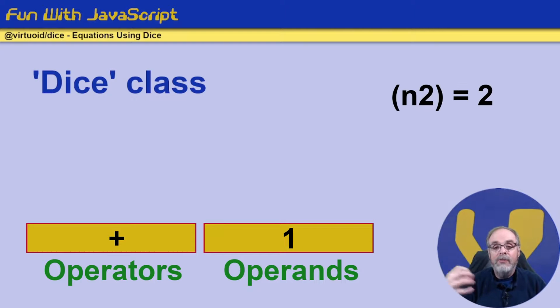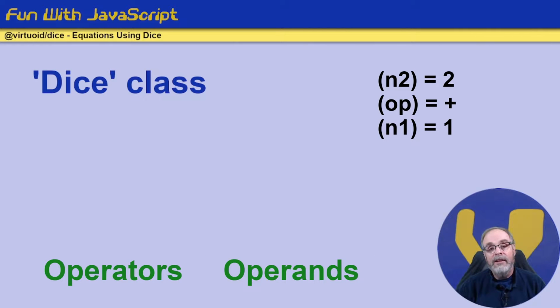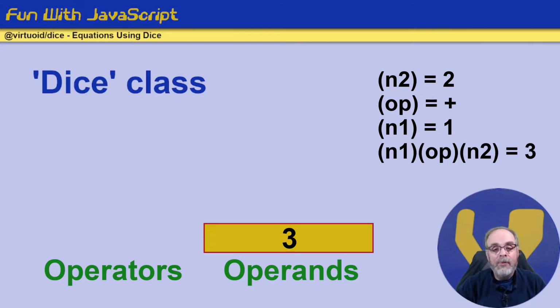You pop your number off the operand stack, then pop the operator. The operator says it's a plus, so we need another number. So we pop another operand, and we add those two together. So 1 plus 2 equals 3. That gets pushed back to the operand stack. There are no more operators and only one operand, so our final answer is 3.